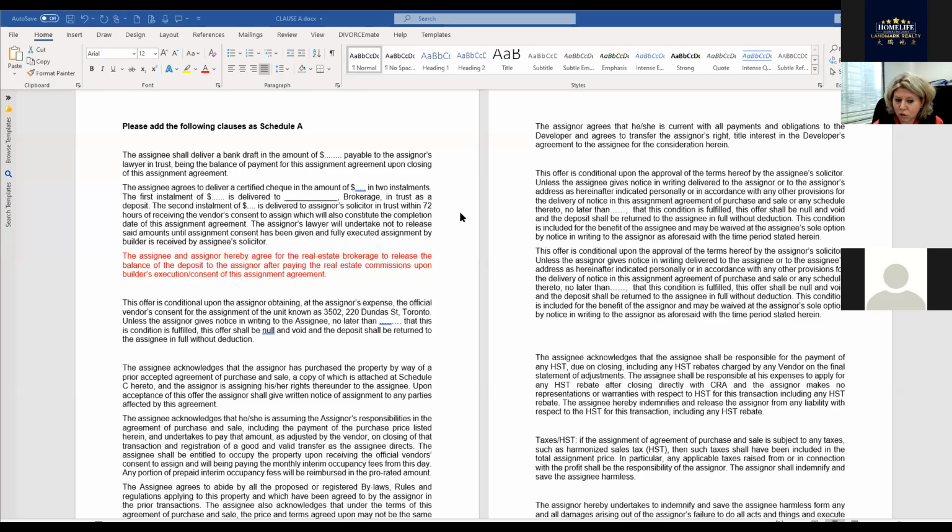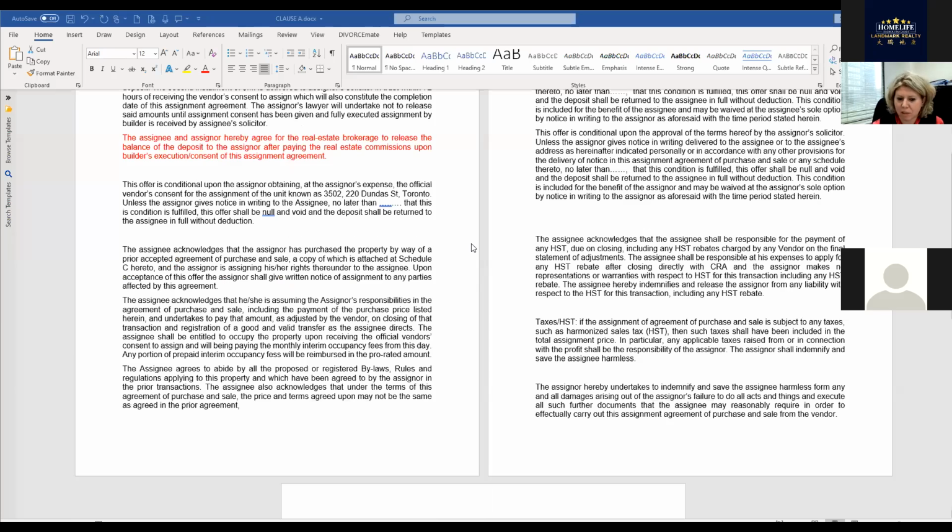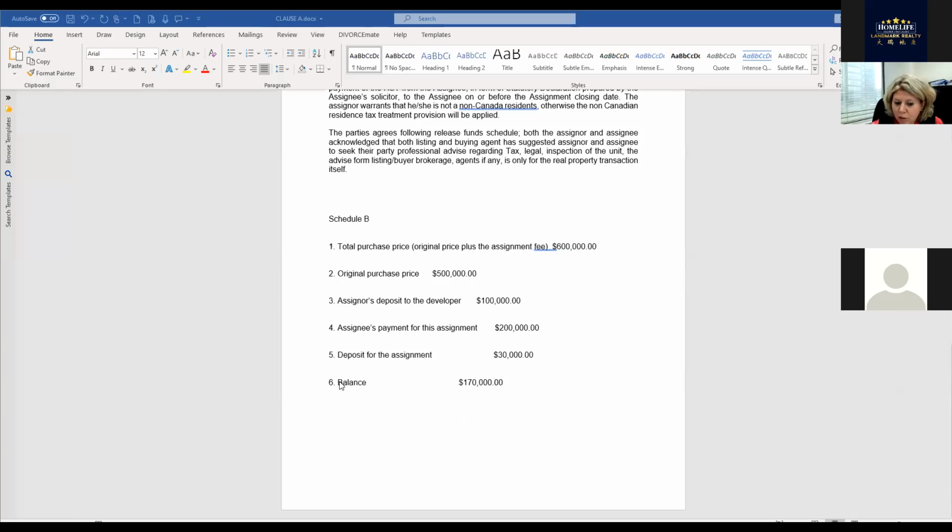When the builder gives the agreement, they will explain what their conditions are to give the consent for the assignment. You will have the payment of the commission, and you have the payment of the balance of this assignment agreement. So the balance of 170,000 shall be paid at the execution of the builder's consent agreement.